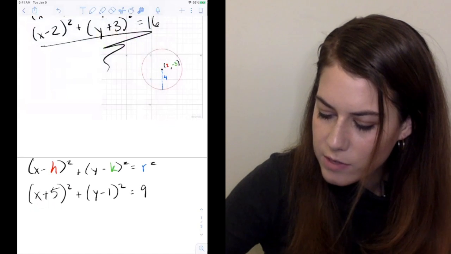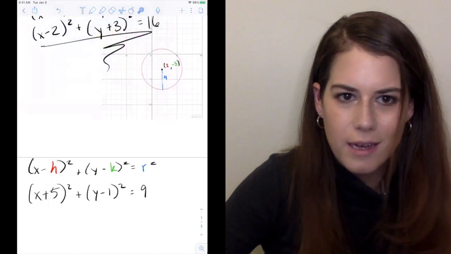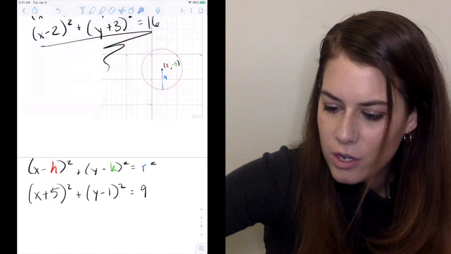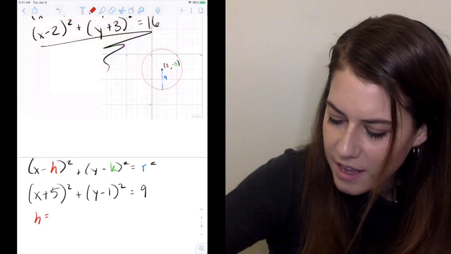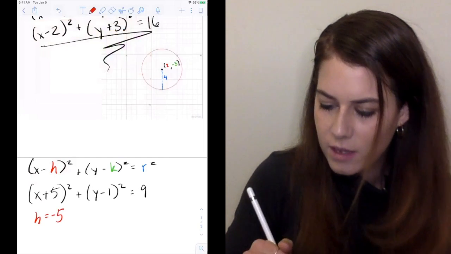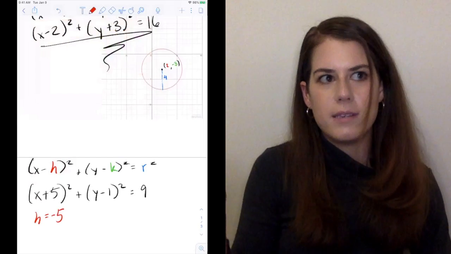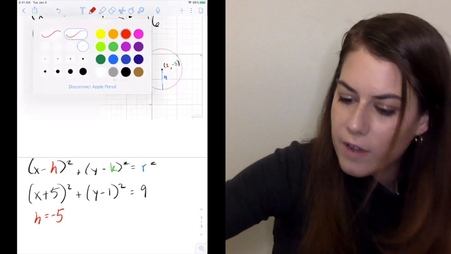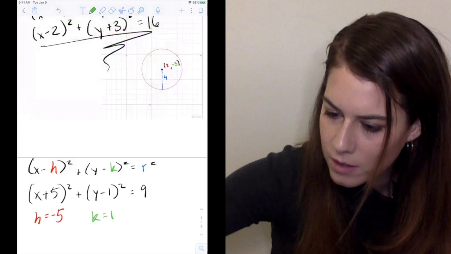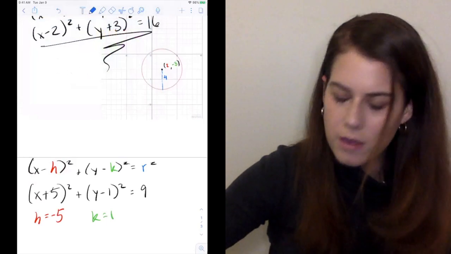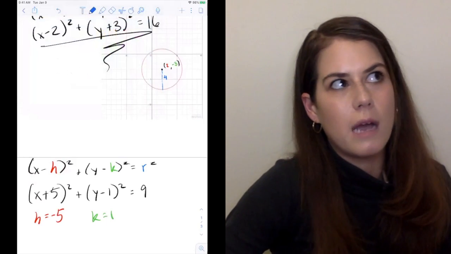We have x plus 5. The original version is x minus h. So I think h was negative 5, because minus negative 5 would have given me that plus 5. I think k was 1. And then I'm trying to think, what squared gives me 9?